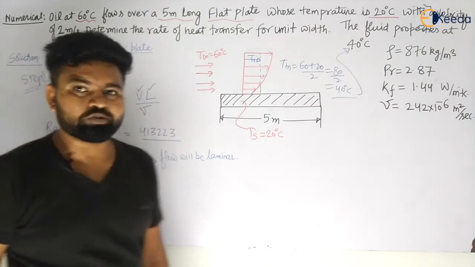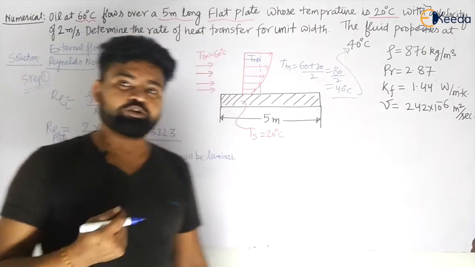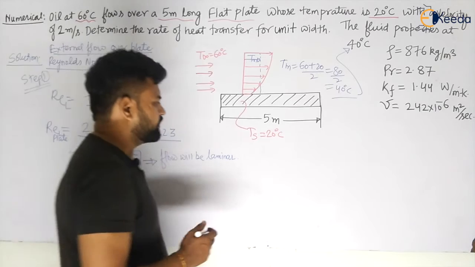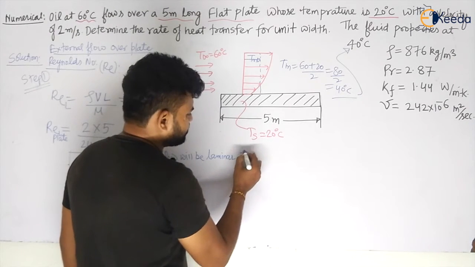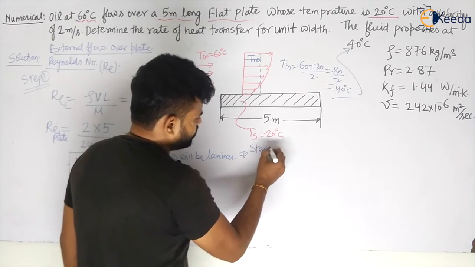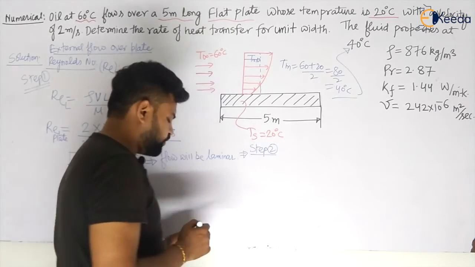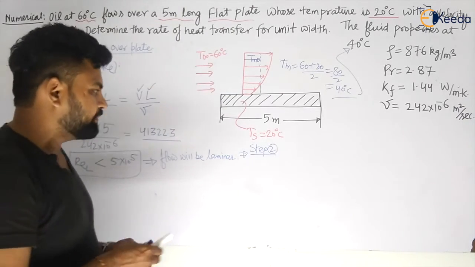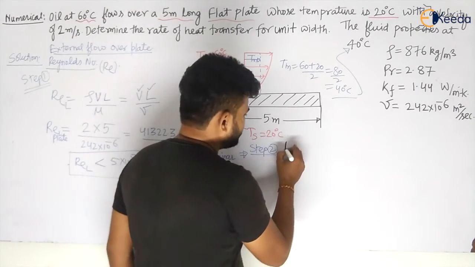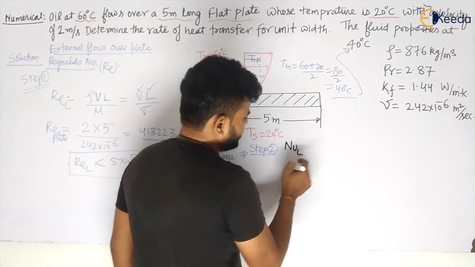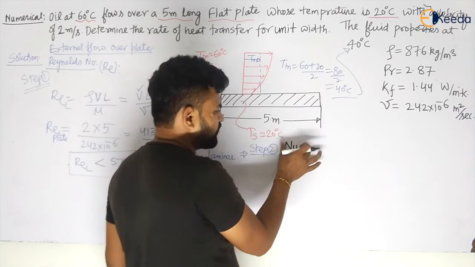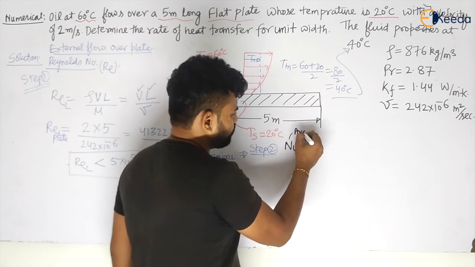So now you have to calculate the heat transfer coefficient, and for this you need the Nusselt number, my dear students. Step 2 is the calculation of the Nusselt number. The Nusselt number over the entire length L is called the average Nusselt number.